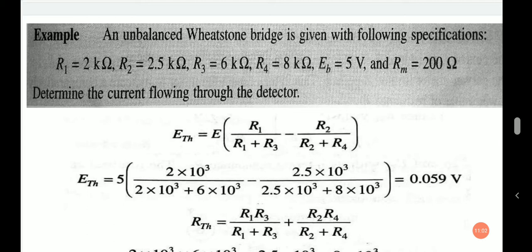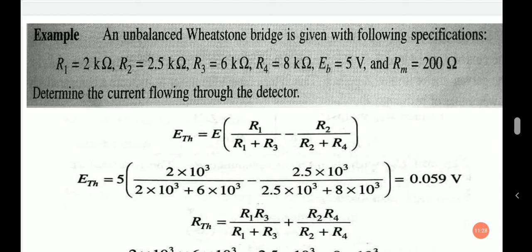EB is 5 volt and RM is 200 ohm. Determine the current flowing through the detector. So this is the numerical.